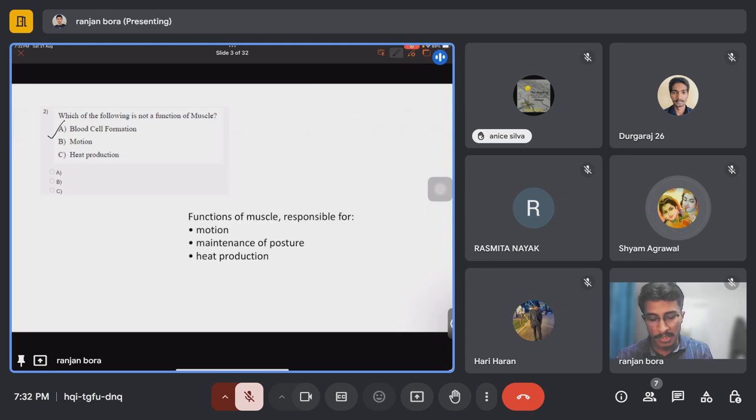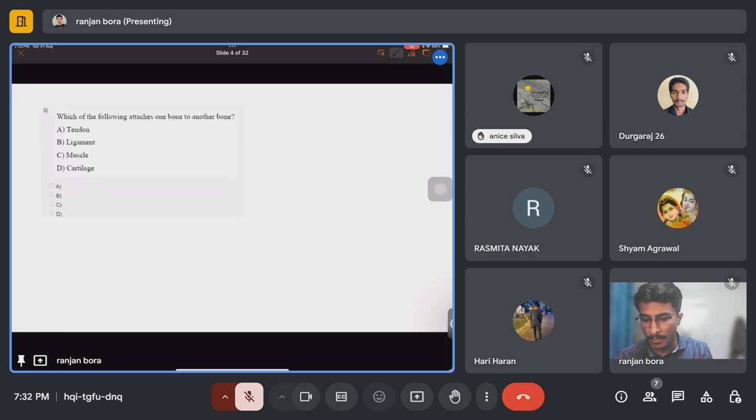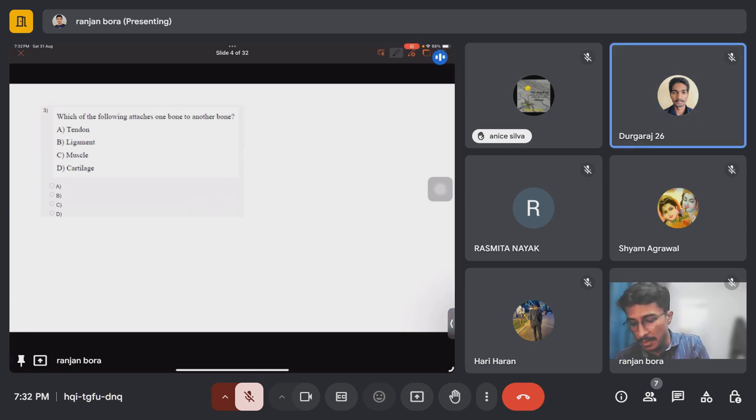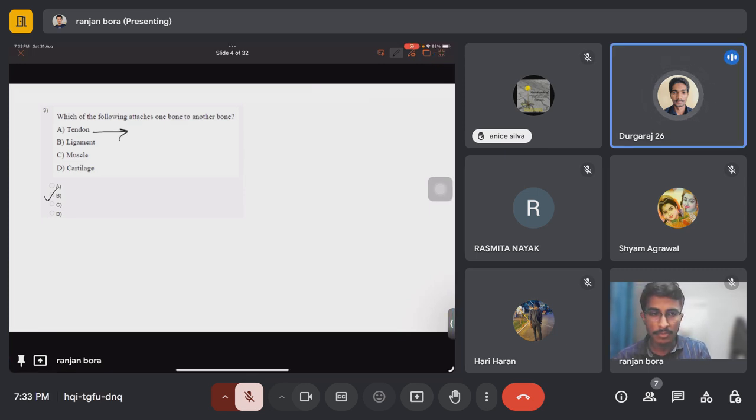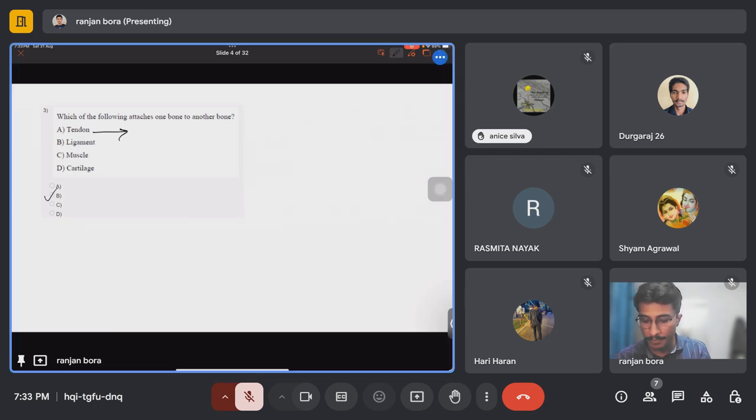And the functions of muscles are given here: it is responsible for motion, maintenance of posture, and heat production. Which of the following attaches one bone to another bone? Ligament. Yes, ligament. What does tendon attach? Muscle to bone. Yes, muscle to bone.